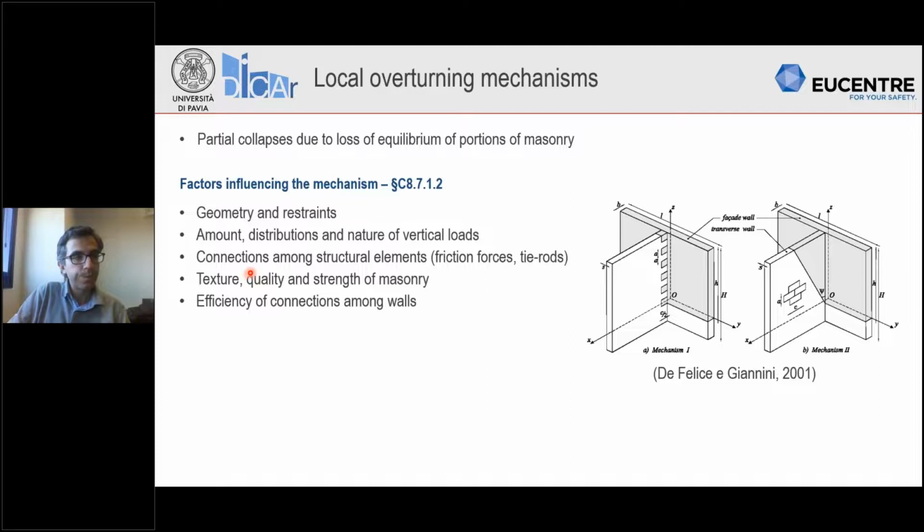They can be influenced by different factors, such as the geometry and the restraints, the amount and distribution of vertical loads, the connections among the structural elements, such as tie rods or friction forces, the quality and strength of masonry, and the efficiency of connections among the walls.